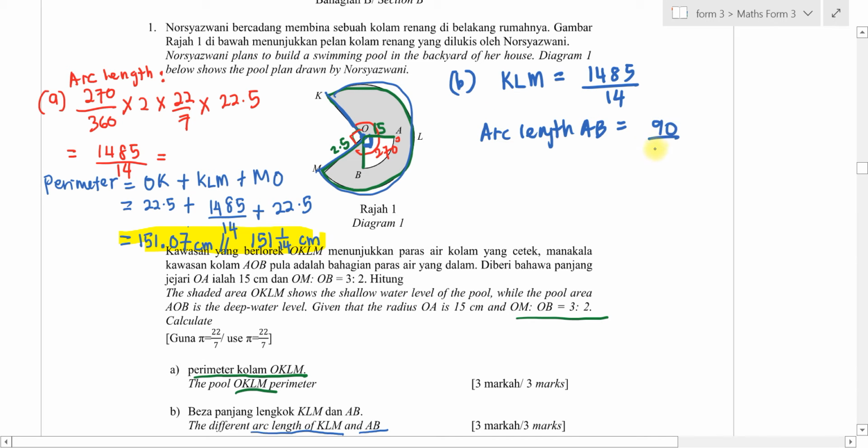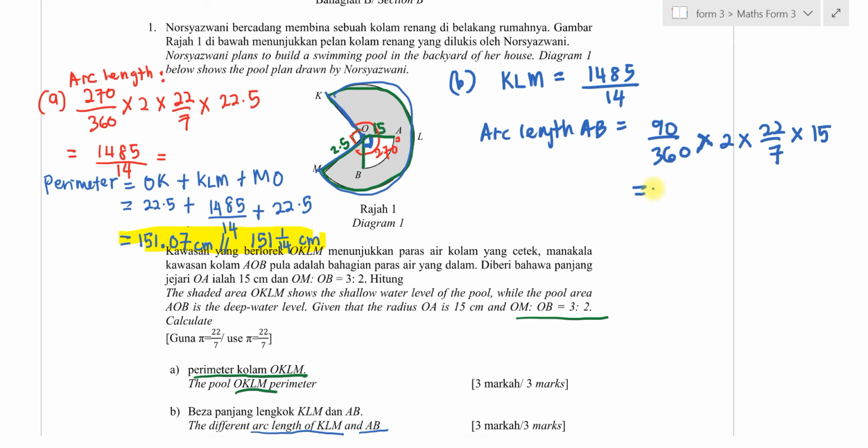So 90 over 360. They should actually mention in the question it is a quadrant. Sometimes lack of information lah. 2 pi is 22 over 7. Radius is 15 already given. Okay. So when we do this, we will get the length of arc AB.